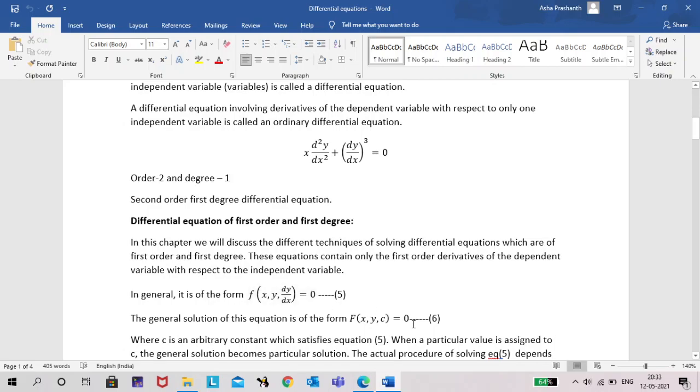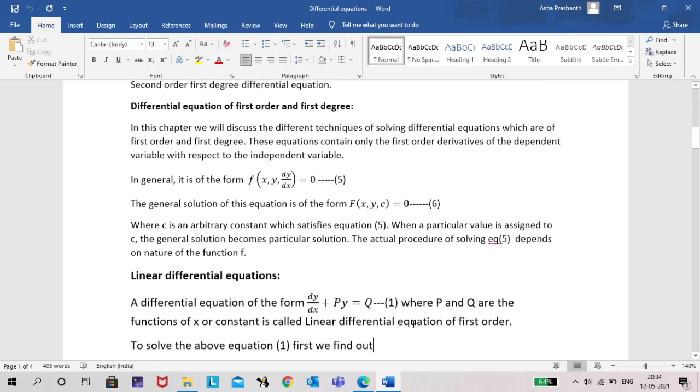There are many methods of solving differential equations. First we are going to study the linear differential equation. Then there are exact differential equations, equations reducible to Bernoulli's form, solvable for p, solvable for x, and so on. So the first technique to solve the differential equation is the linear differential equation.